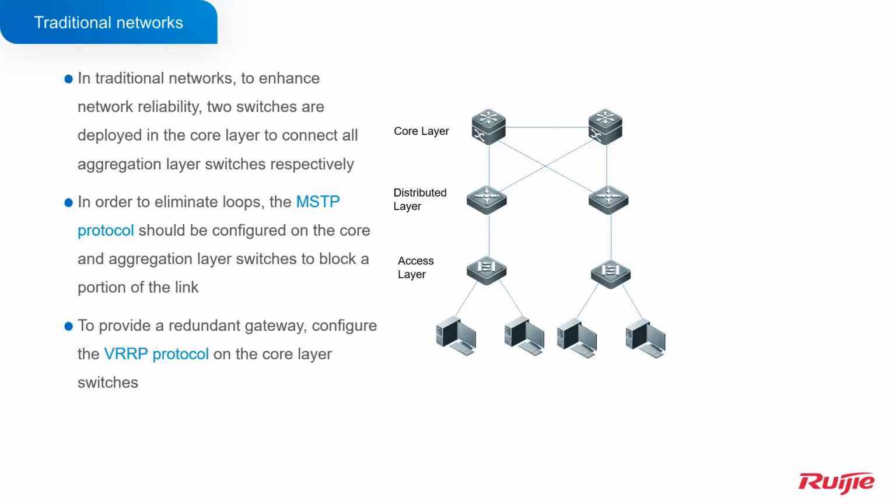And then about the terminals, maybe they want to visit the other segment to communicate with each other, we need the gateway. If in our network we only have one gateway, and this gateway is broken, that means all the terminals cannot visit the other segment. So in this scenario, how to provide the gateway backup, you have to use a protocol such as VRRP.